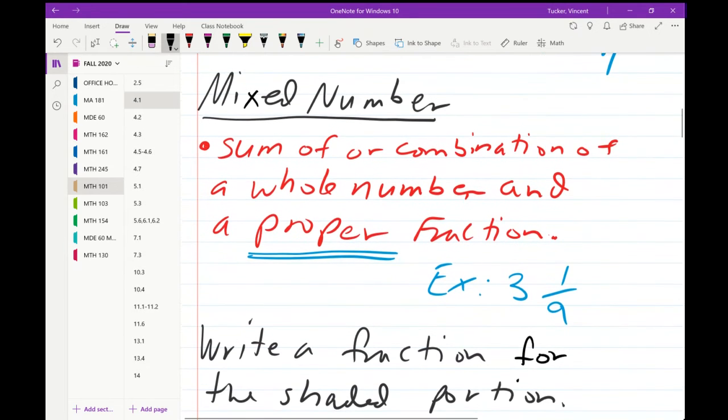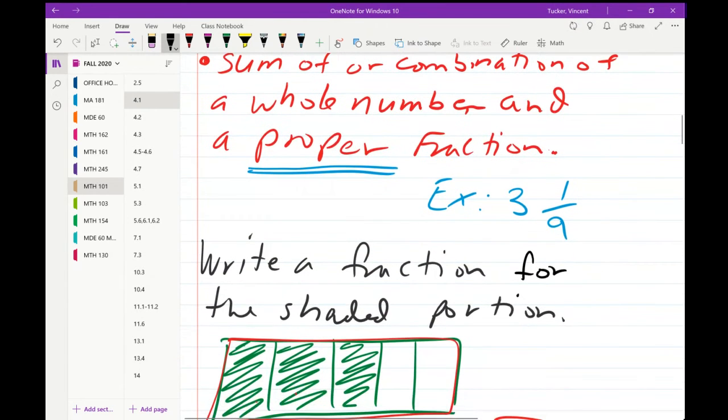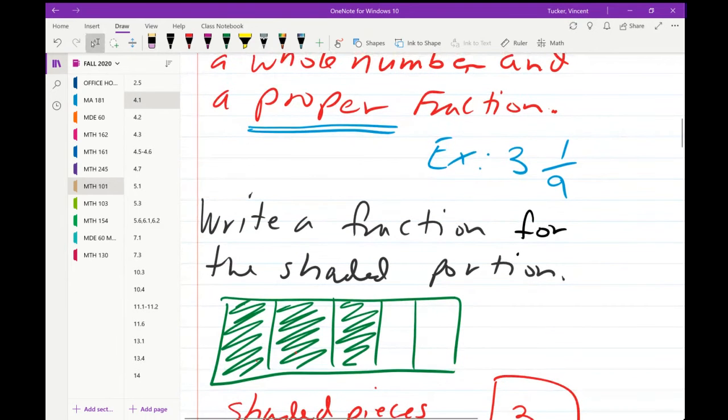All right, gonna scroll up. All right, so we're going to write a fraction for the shaded portion.